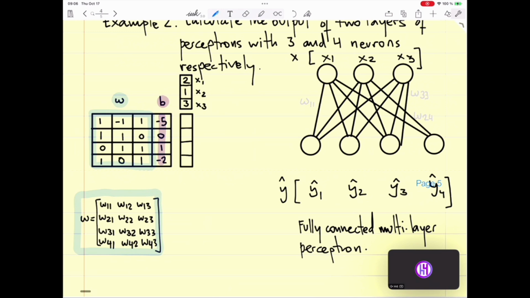Of course, you reckon we have dimensions of x is 1 times 3. Dimensions of w is 3 times 4.